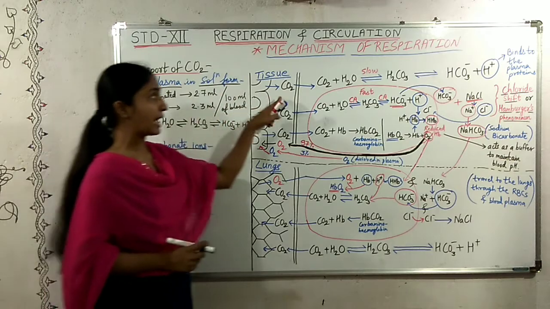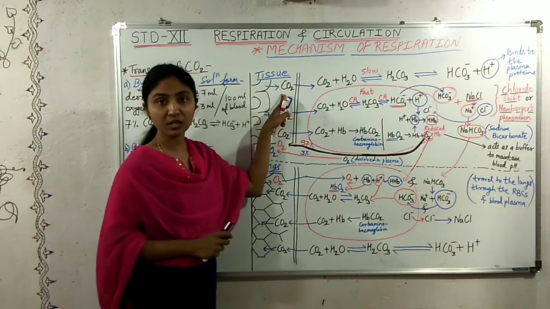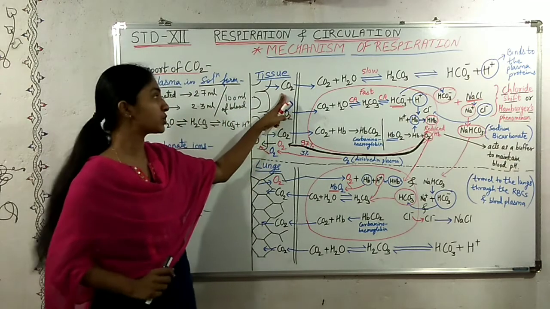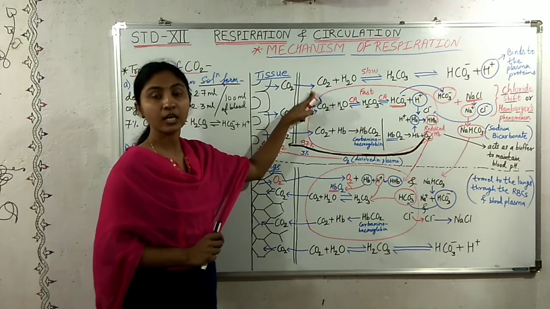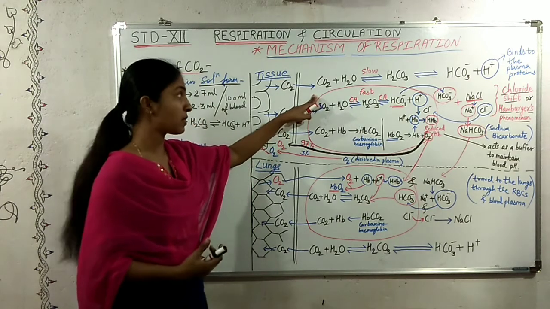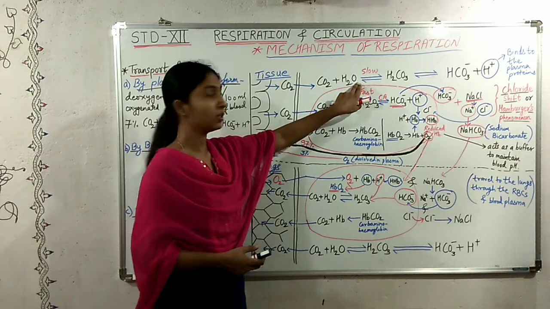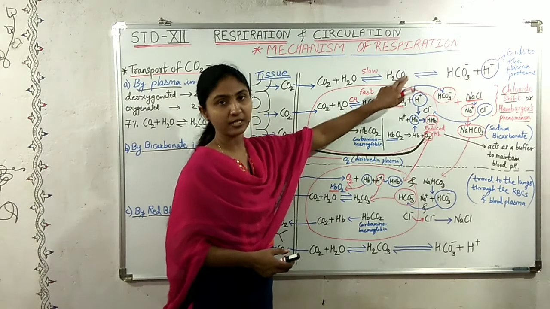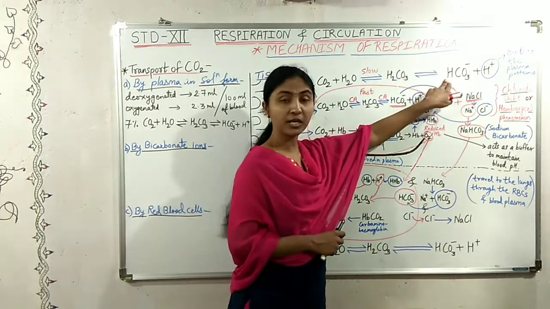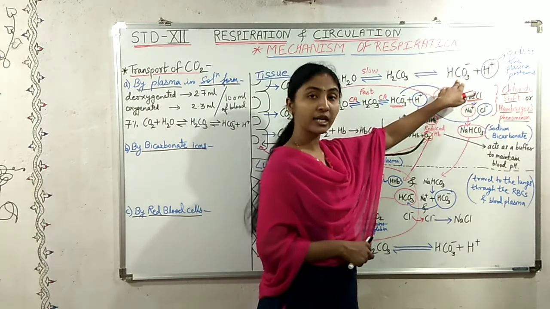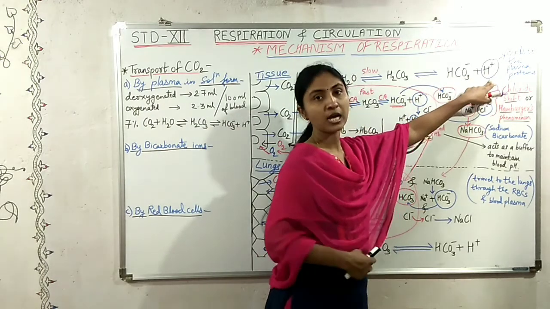As carbon dioxide is given out by the tissues, it is taken into the blood vessels. In the blood plasma, it combines with water to form carbonic acid, which is unstable, so it again splits up into bicarbonate ions and hydrogen ions.